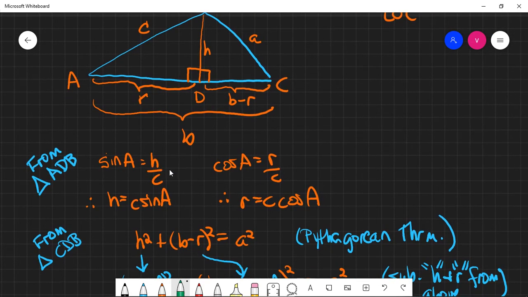To solve for h, just multiply by c on both sides, so h is equal to c sine A. To solve for r, multiply by c on both sides, so r is equal to c cosine A.